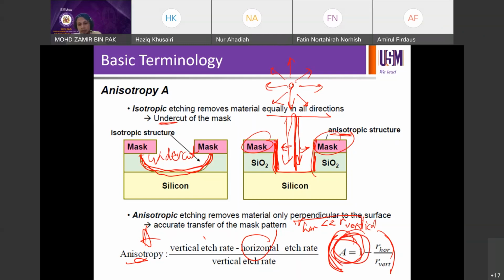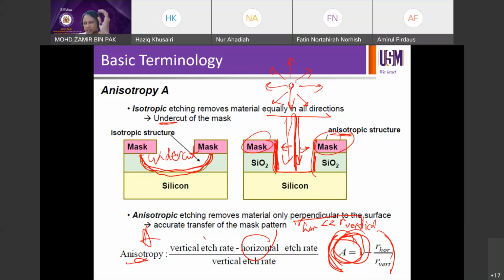Okay. So if you get A equals 1, that means your etching will just be perpendicular to the surface. Okay. Kalau you punya anisotropy is lower, say 0.7, so that means you also have quite a significant magnitude of your horizontal etch rate, right? In comparison to vertical. Maknanya dia quite significant lah.